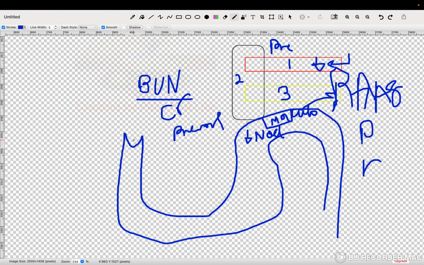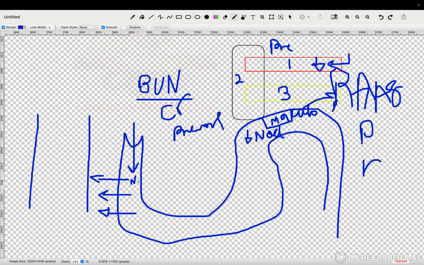Okay, they are functional. So can they reabsorb substances? Remember, reabsorption is the movement from the tubule to the peritubular capillary. Can you reabsorb? Okay, you can reabsorb, no problem.